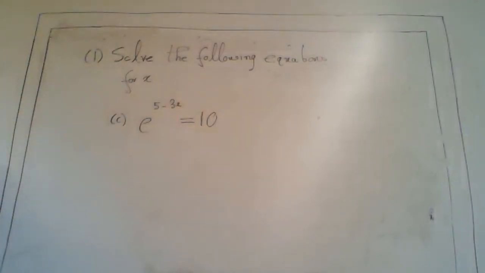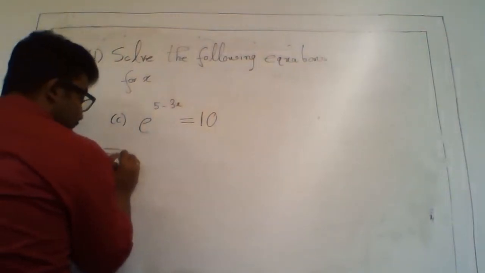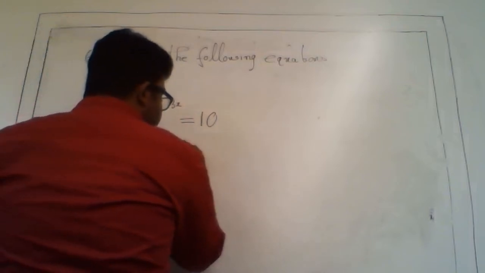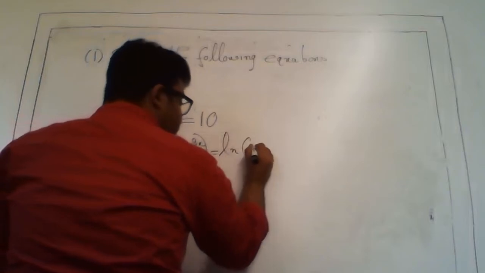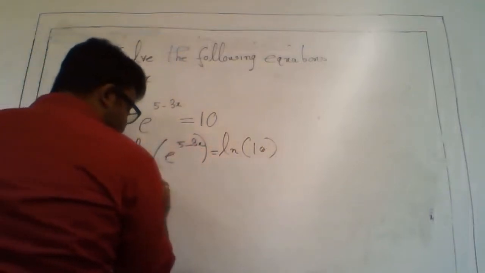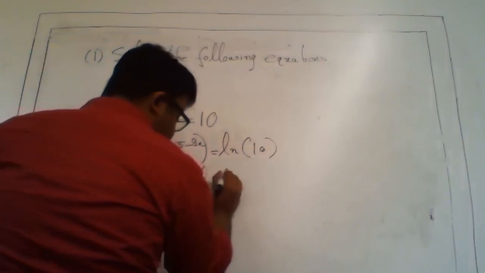So here I already have e, so I will apply ln on both sides. If I apply ln on both sides, ln e to the power 5 minus 3x gives you ln 10. So ln and e will cancel each other. So I will be just left with 5 minus 3x equal to ln 10.